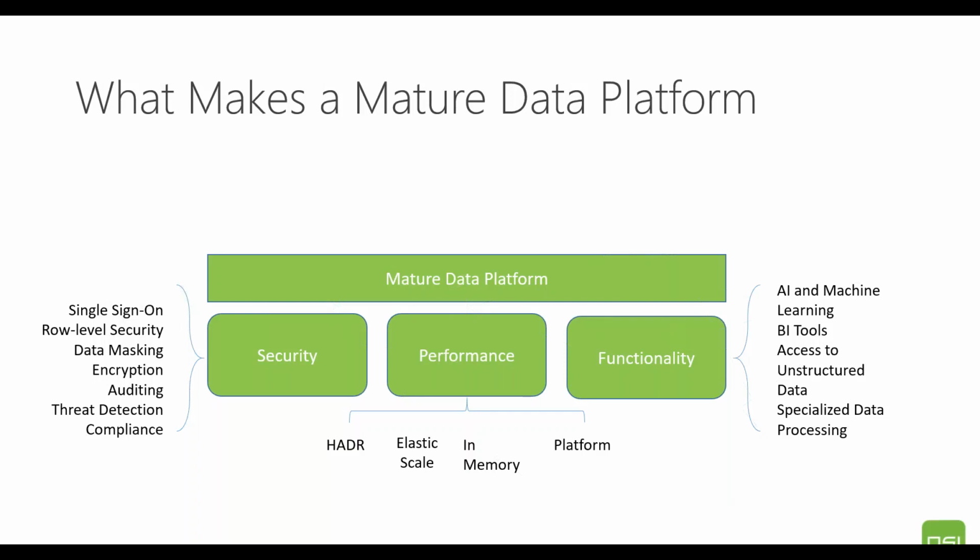We need to have access to unstructured data. One of the things that the Internet of Things, and I'm not going to talk a lot about IoT, but one of the things that has become much more prevalent in the IoT world is the presence of unstructured data. That is data not stored in nice structured tables in a relational database.